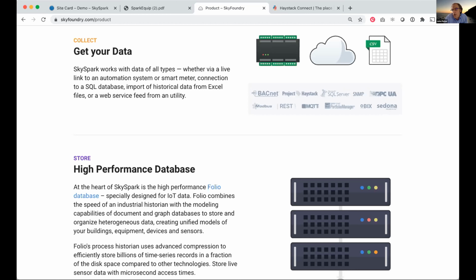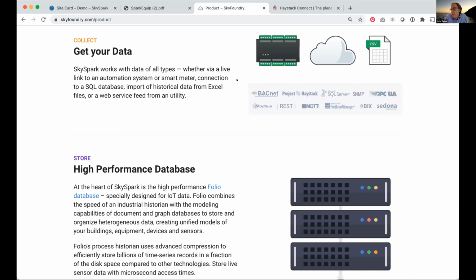How does SkySpark software connect to the building systems, the devices, to get data? Well, it supports all these standard protocols. They're all built in. So it supports BACnet IP. It supports the Project Haystack API. It supports direct connection to existing SQL type databases. So if you have a BMS system with a host software that has the data in the database on the host, you can connect that way.